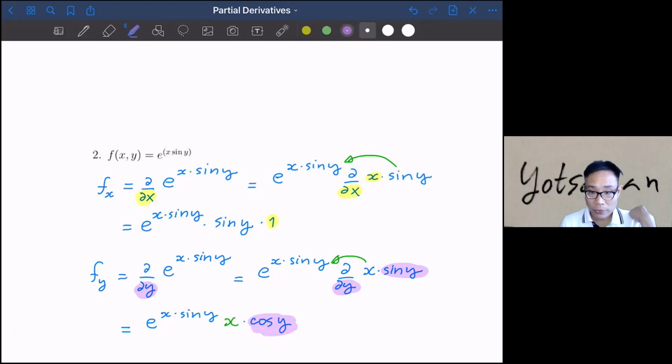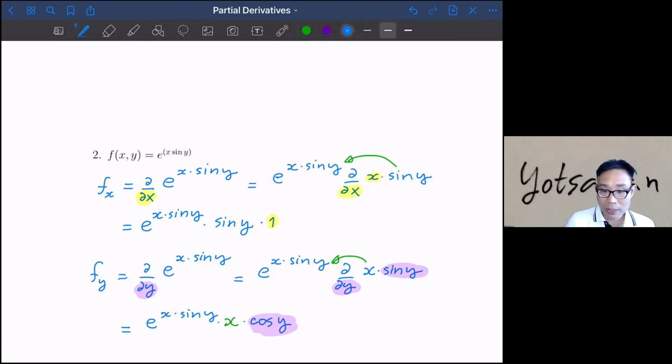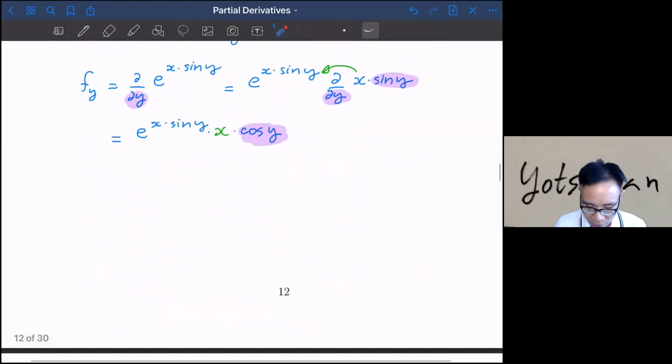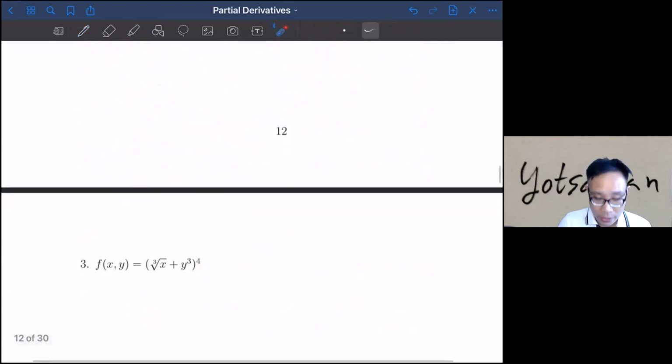So that will be the correct answer for this one. So you see some difference here. That one, you multiply by 1. And here you multiply by x, from this term, and this side is cosine. Okay, so that is just the formula that we have been studying last semester as well. Okay, so that's my fx and fy.